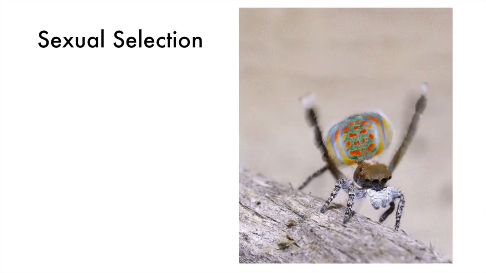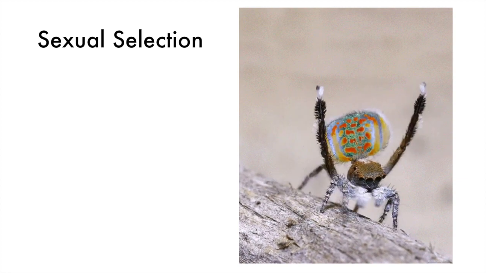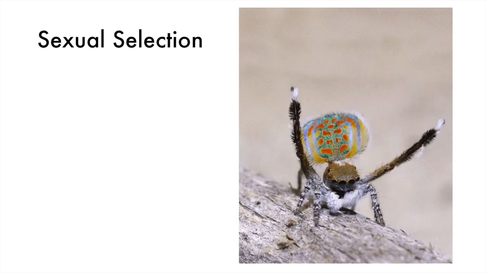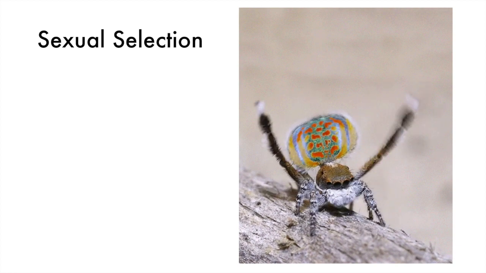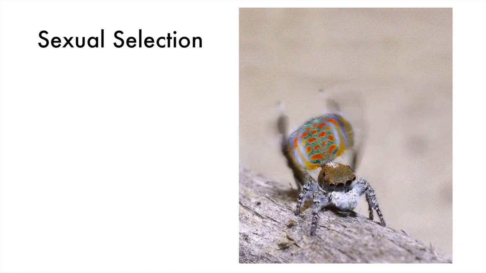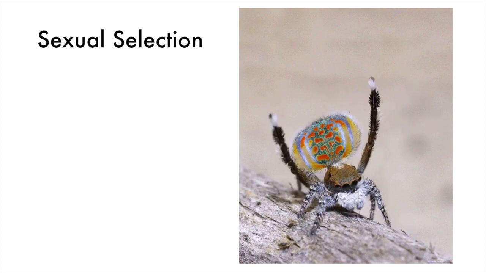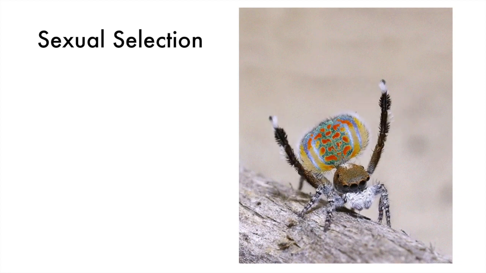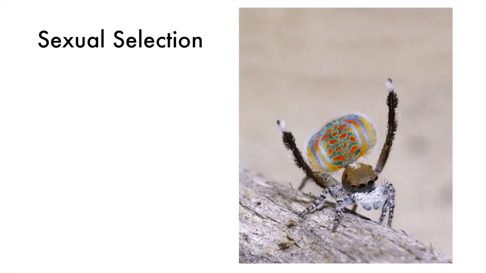The only reason that a peacock spider looks like this, as far as any scientist can ascertain, is to attract a female peacock spider. Female peacock spiders don't look like this. They don't have these elaborate dances. They don't have these very brightly colored abdomens, but it's all for showing off to try and reproduce with a female.